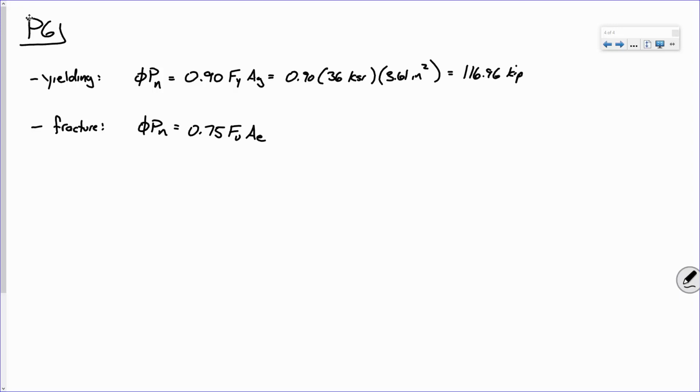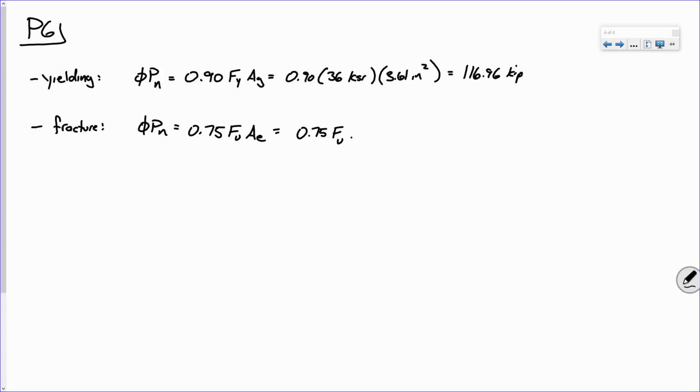Now this Ae, this A sub e, is an effective net area.